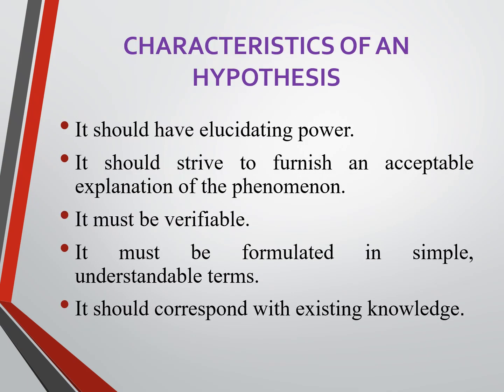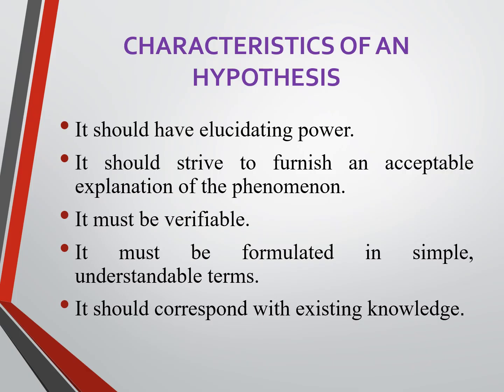So now the characteristics of a hypothesis are coming. Number one, a hypothesis should have power. It means that 95% of observations are coming within my acceptance criteria or not. Number two, it should furnish an acceptable explanation of the phenomena.